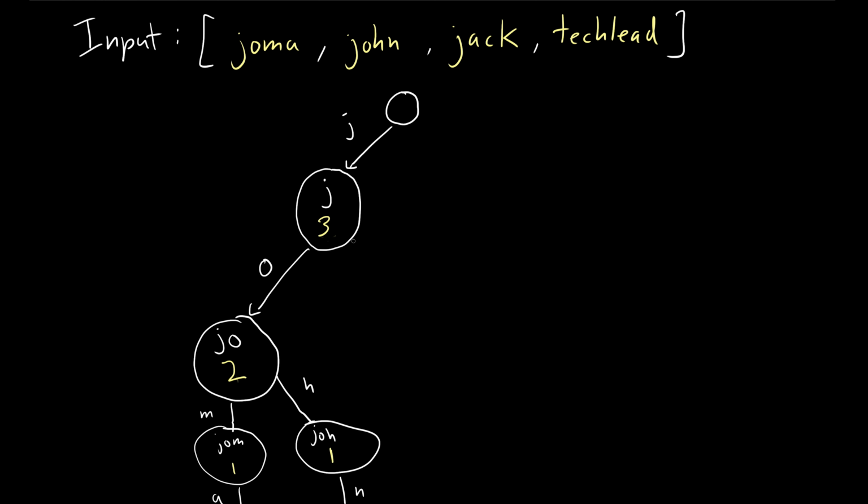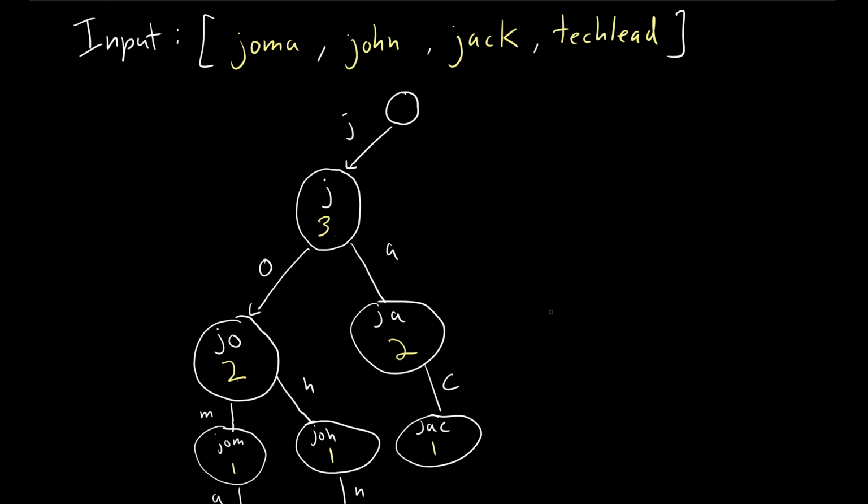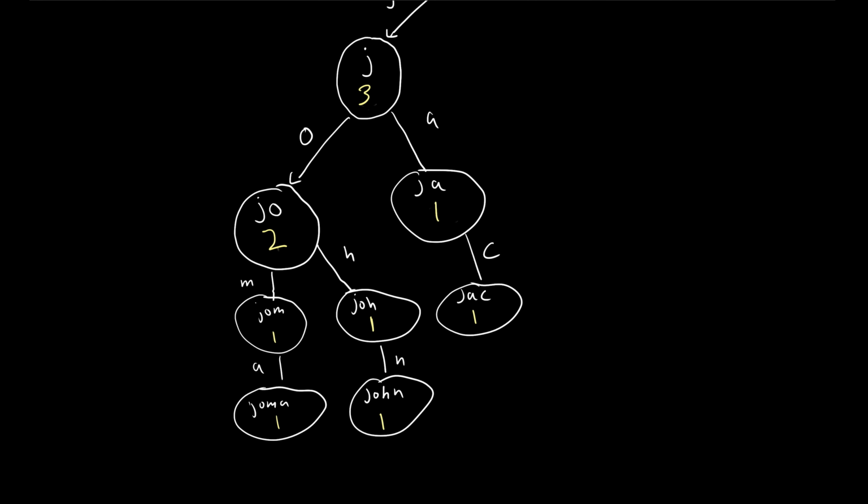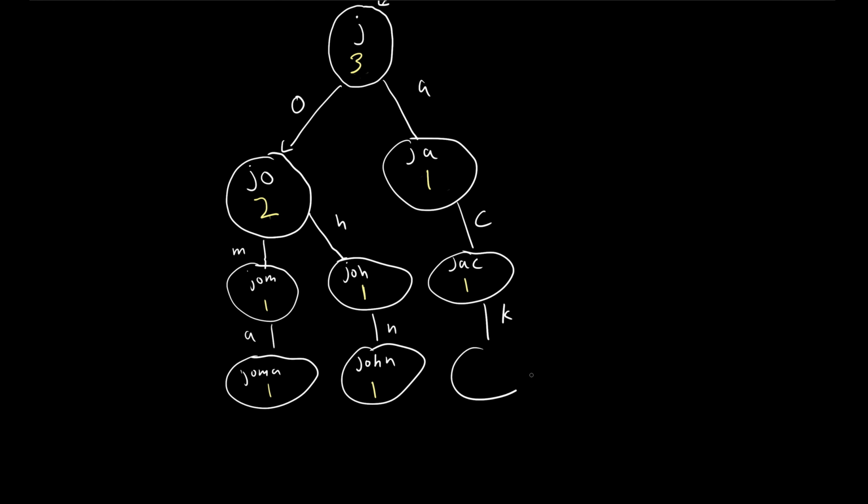Anyways, let's continue. So A for Ja, so then we got 2 here. And then for C, then we have JAC, got 1 here. Oops, I made a mistake. This guy's 1. And then finally, we got K for Jack, and then there is 1 over here.